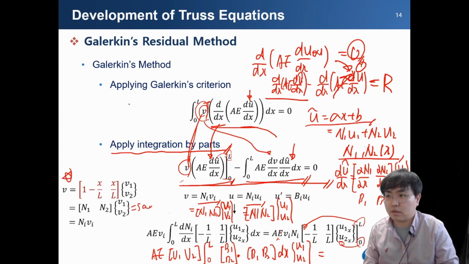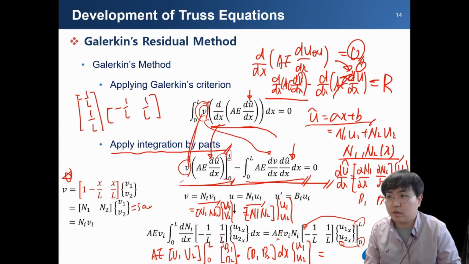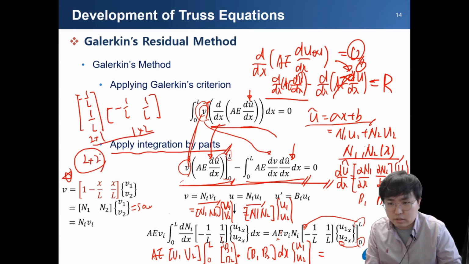So what is the b1? I say that this is this, and these are the same vectors, but transposed. The result of the 2 by 1 and 1 by 2 multiplication is a 2 by 2 matrix.